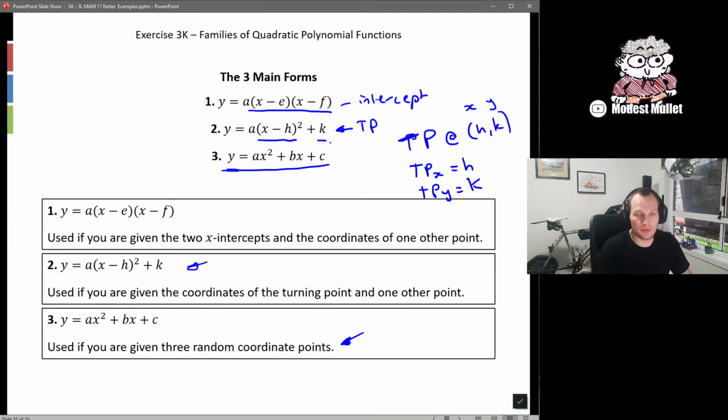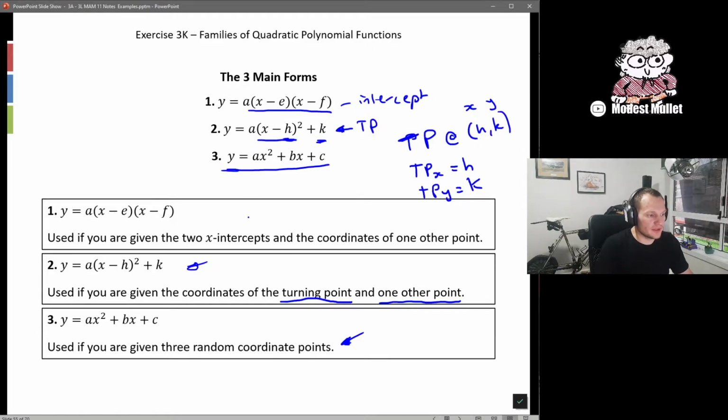So that's why we call it turning point form, because once you've got into that, it always turns out that the turning point exists at whatever number h is, whatever number k is. And so we would use that if you're told information about the turning point, if you see where it is, or you're told the coordinate of the turning point, we can substitute that information in for h and k, and then we could use information about some other coordinate to figure out what a is.